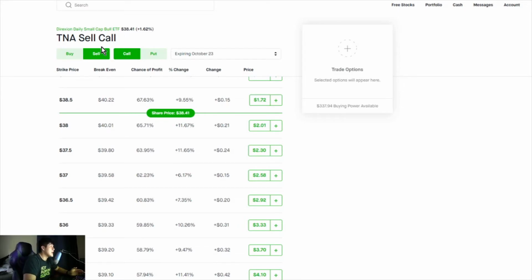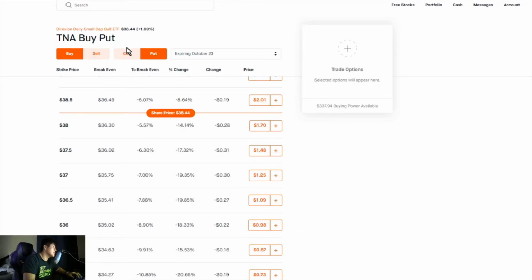Now there are different things you can do when you have options trading enabled. You can do spreads, but you have to have a level 3 account. You can buy calls and buy puts. What does this mean? When you buy a call, that means you're thinking the share price is going to go higher, and the premium the contract is worth is going to go higher.